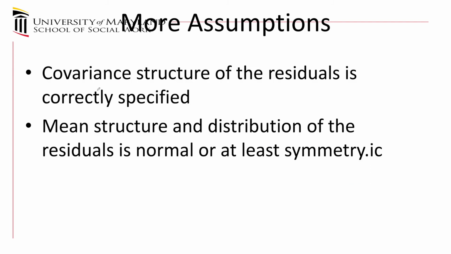The other assumption is that the covariance structure of the residuals is correctly specified. We'll spend some time in this class talking about that, particularly when we talk about longitudinal data. When we looked at the SEM model, I also want you to note that we had those error terms, right? And I said that we fixed them to be the same across the 3 different time points that we had, but that the SEM model didn't want to do it. It wanted to allow them to vary independently.